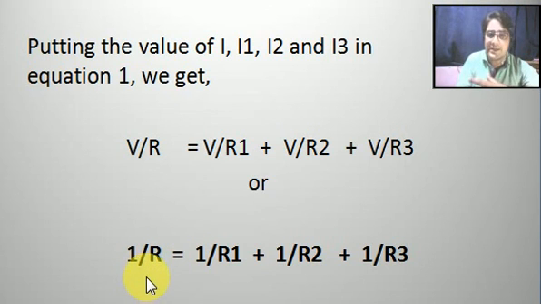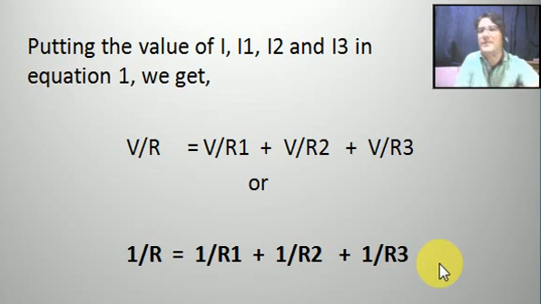is equal to 1 divided by R1, it is the reciprocal of the first individual resistance, 1 divided by R2, it is the reciprocal of the second individual resistor, 1 divided by R3, it is the reciprocal of the third individual resistance.